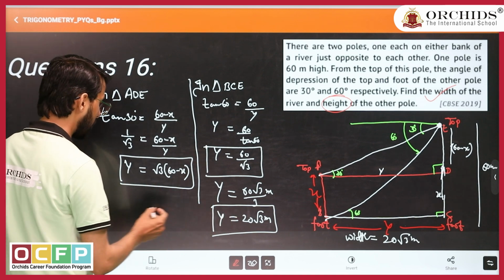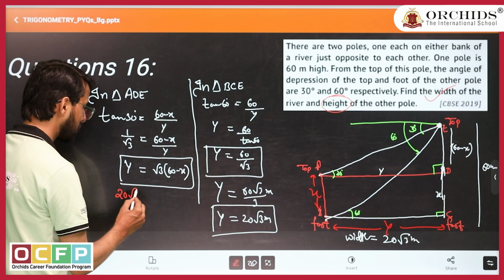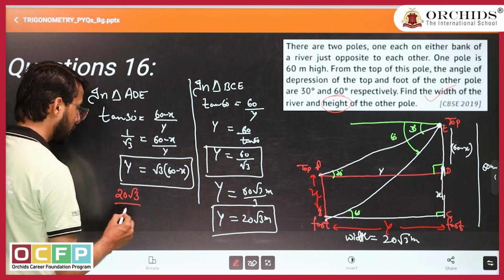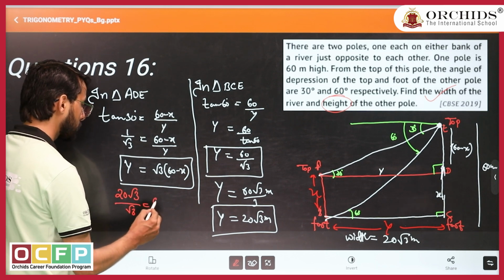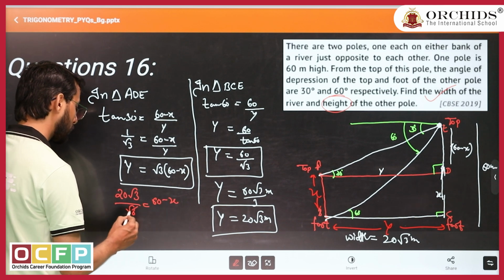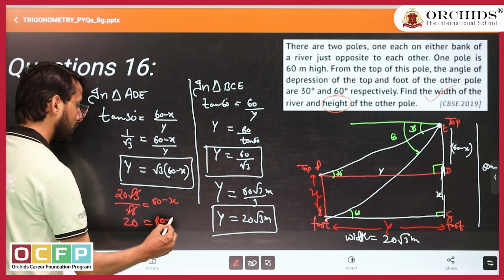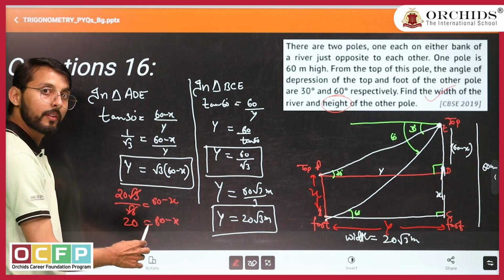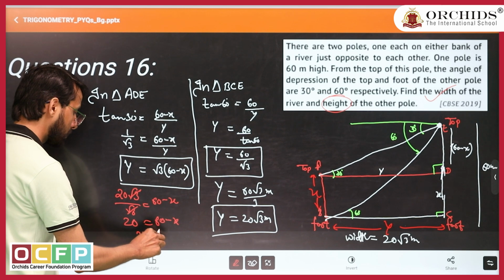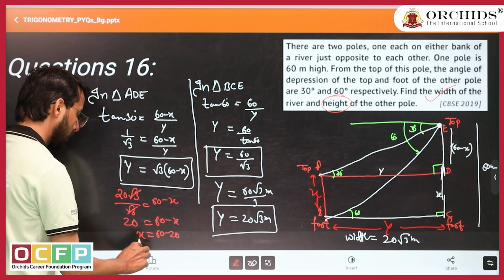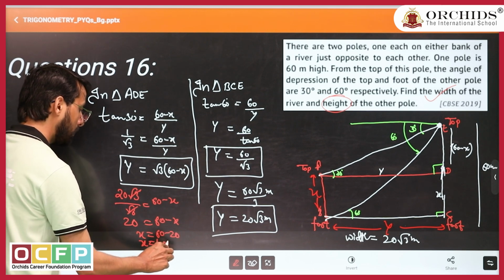Put the value of y as 20 root 3 divided by root 3 is equal to 60 minus x. Root 3 and root 3 cancel, remaining 20 equals 60 minus x. Bring x to the left-hand side, so x is equal to 60 minus 20, which is 40 meters.